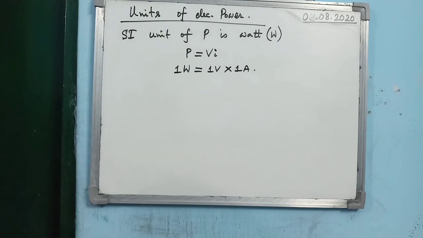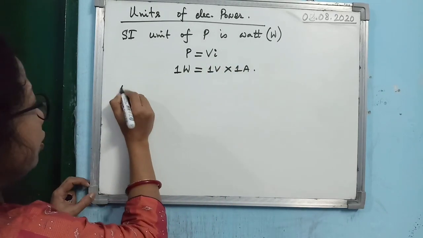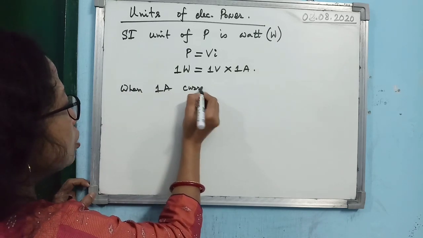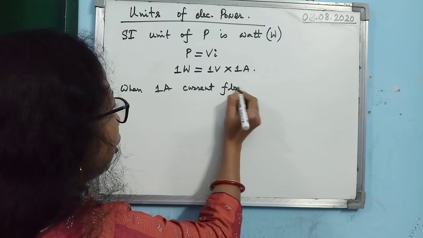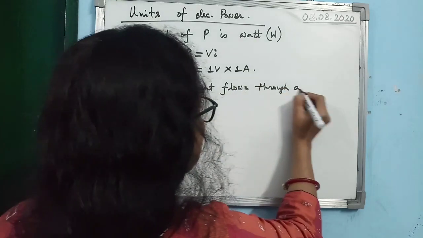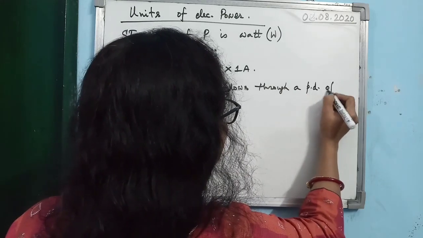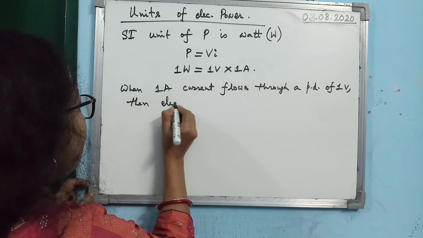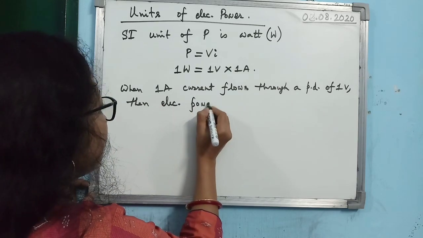So how do we define electrical power 1 watt? When 1 amp current flows through a PD of 1 volt, then electrical power consumed is 1 watt.